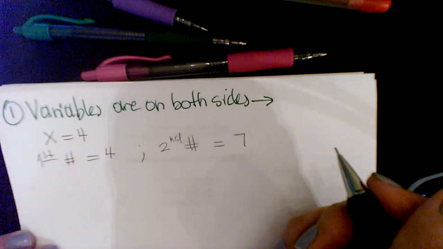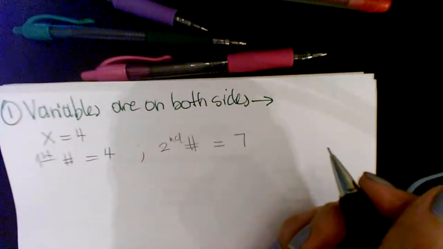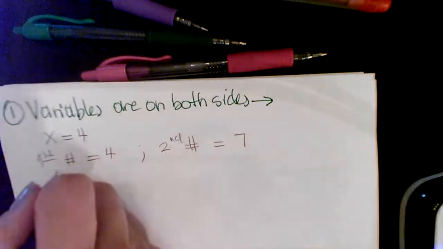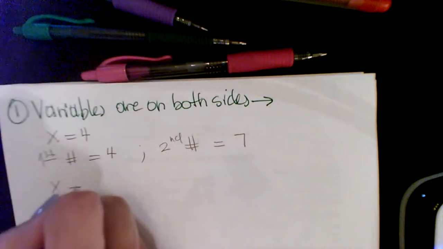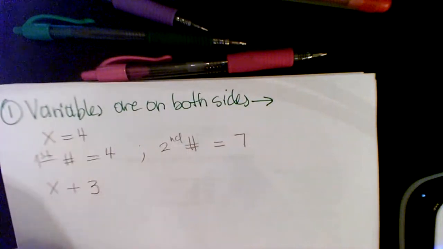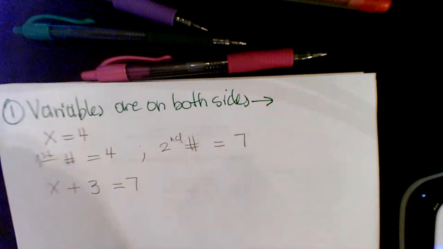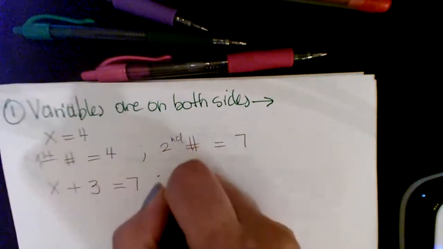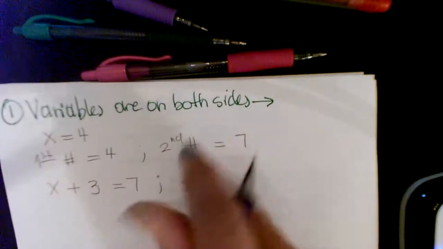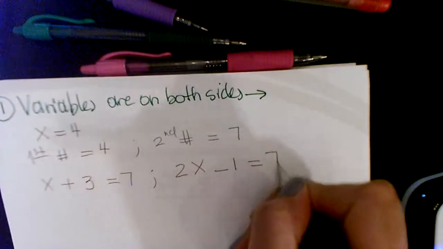Now, let's build an equation. We could say that x plus 3 is equal to 7, right? If I add 3 to 4, I get 7. Or I could do, if I multiplied and I subtract 1, I get 7.